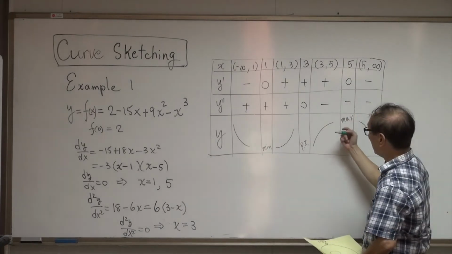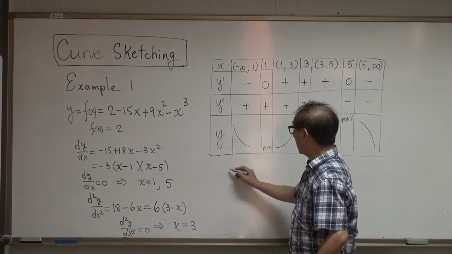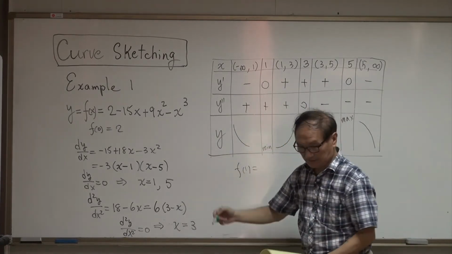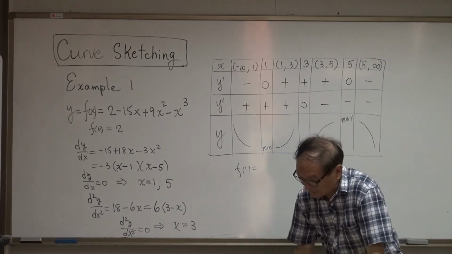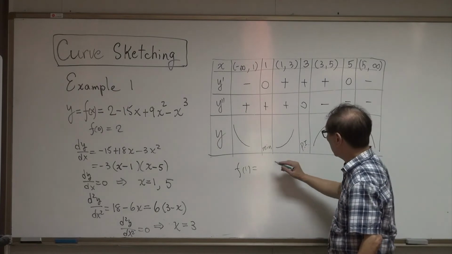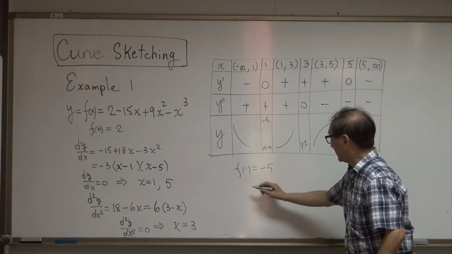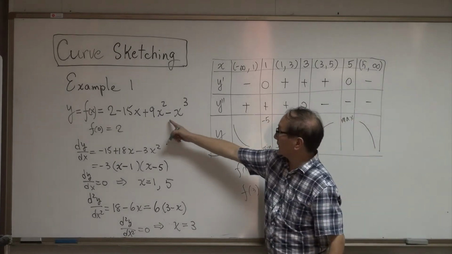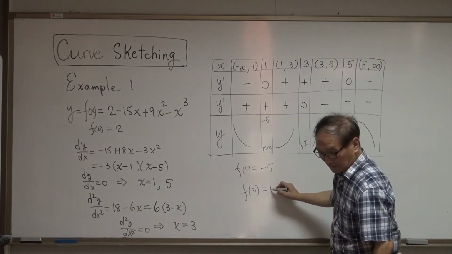As far as the values are concerned, you just put them there. So f of 1, you plug the value here, is equal to minus 5. And f of 3, you plug 3 here, you find the value which is equal to 11.